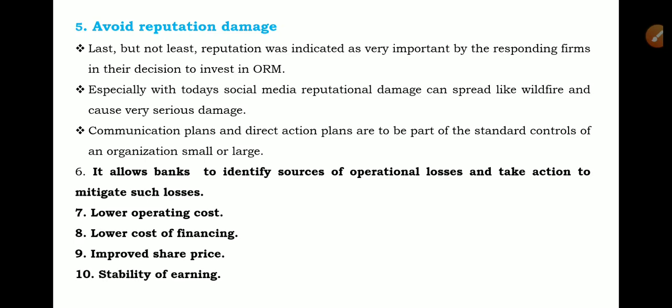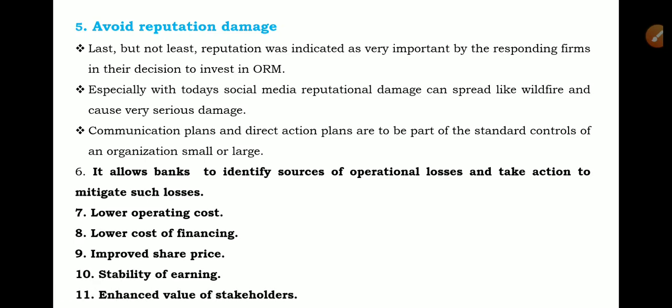And lastly, stability of earning. If the share price is improved, they can maintain stability. If the reputation is maintained in a good manner, definitely the stability of earning will happen, and that stability of earning can be achieved through operational risk management.